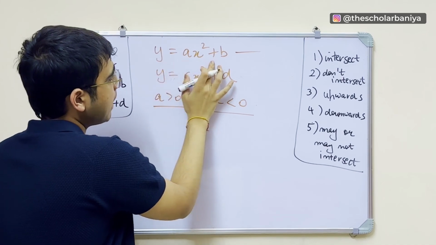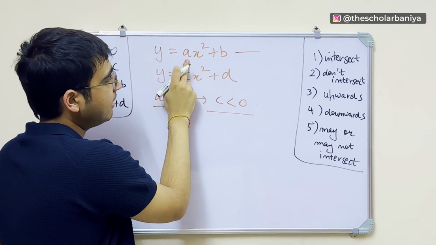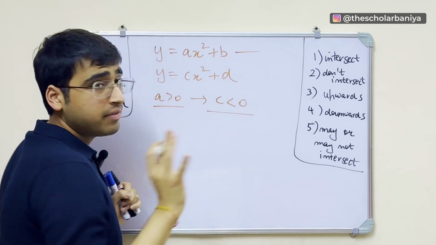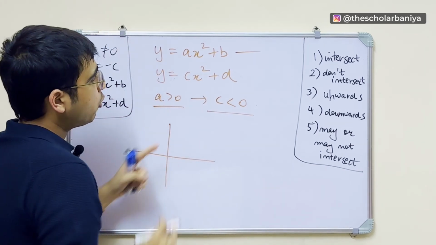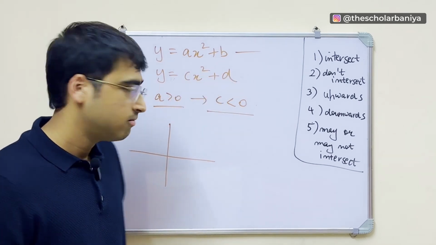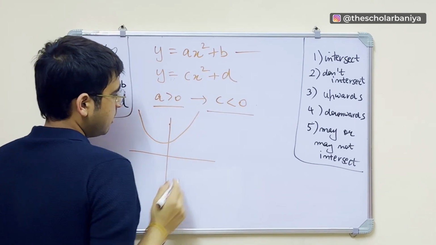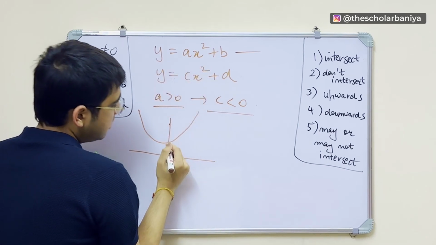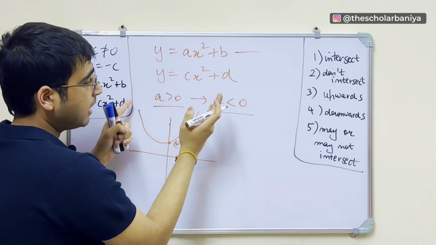This means that this parabola will be facing upwards because the coefficient of x square, which is a, is positive. And we also know that it is ax square plus b, so we will have this parabola something like this, where this is 0 comma b, and it is facing upwards. Why?